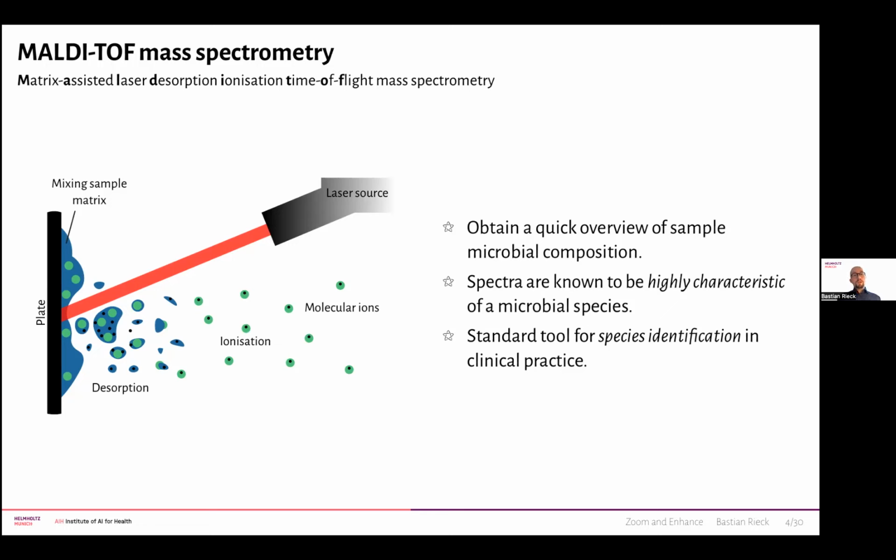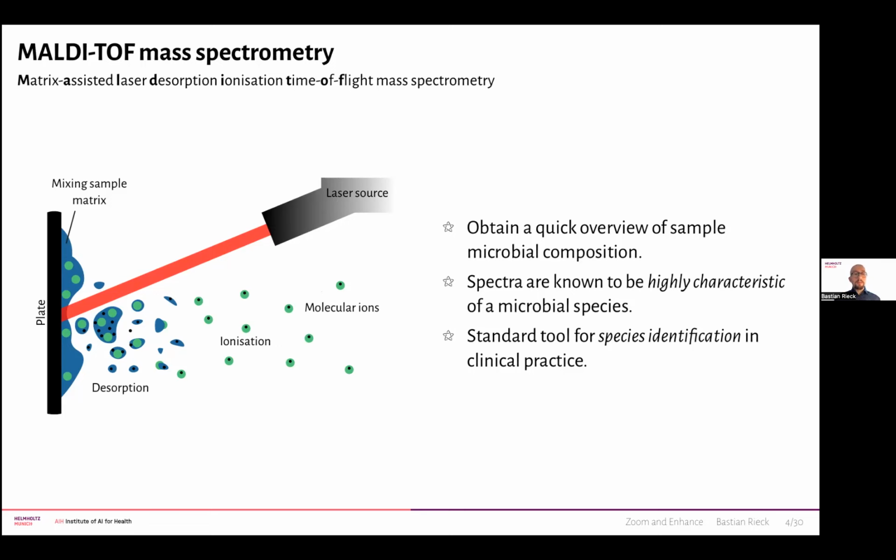Let me give you a brief overview of what this means. Well, in MALDI-TOF MS, you have a laser source, and the laser source is directed at your mixing sample matrix. So it's your sample, the thing you want to analyze, together with some kind of matrix material. And this is put on a plate. By focusing the laser on that, you basically superheat the sample, which results in some desorption.